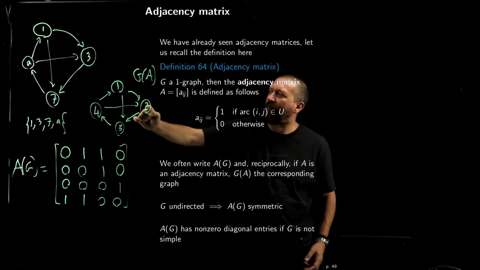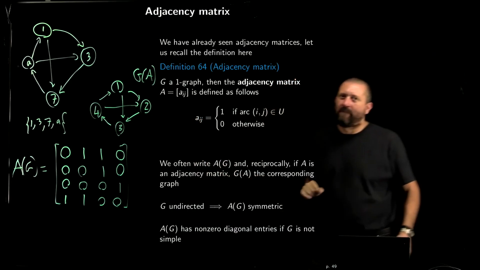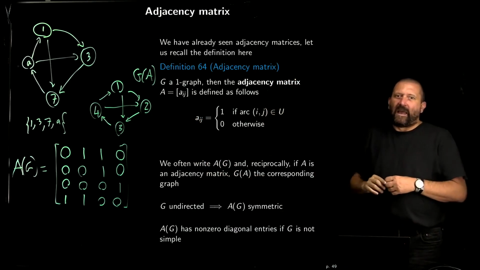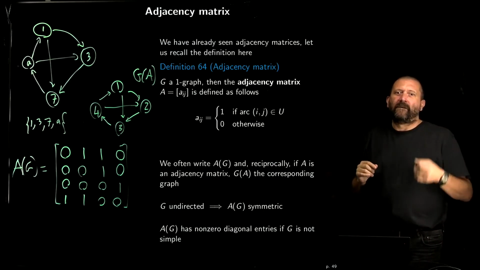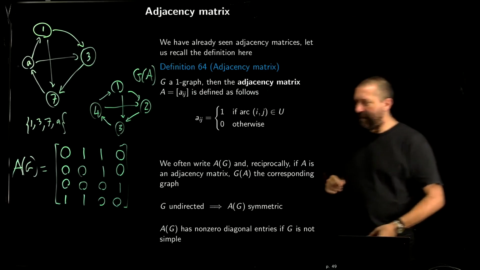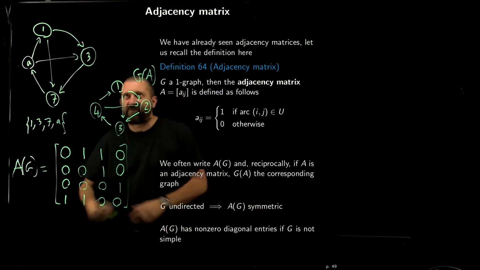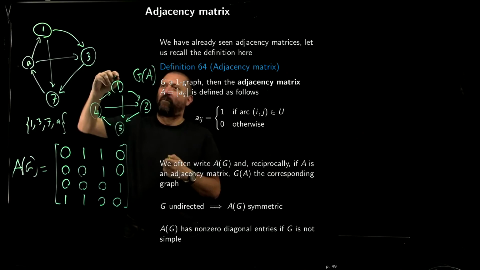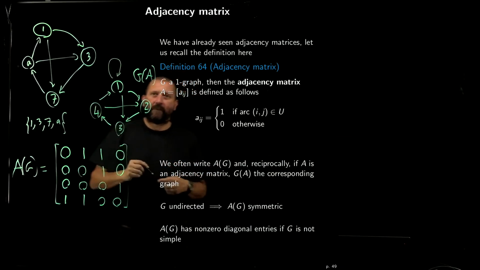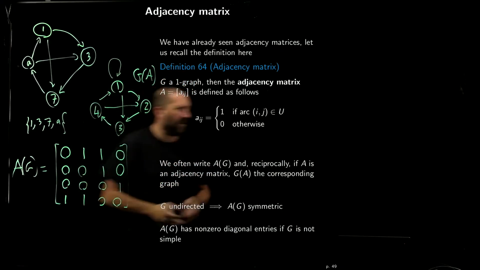So I can go from 1 to 2, but also from 2 to 1. And if I have non-zero diagonal entries, it means the graph is not simple, because that would mean that, for example, I can go from 1 to 1, which in practice would add a 1.